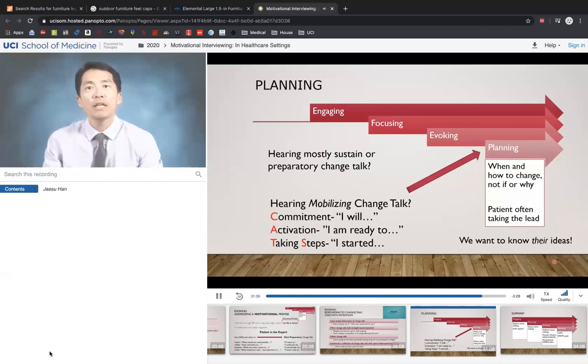Well, it's important not to jump ahead and move into planning, and you actually want to stay in evoking. And sometimes patients will stay at this stage for multiple visits or many months or sometimes even years. And it's important to work with the patient and not get too far ahead of them before moving into the planning process.